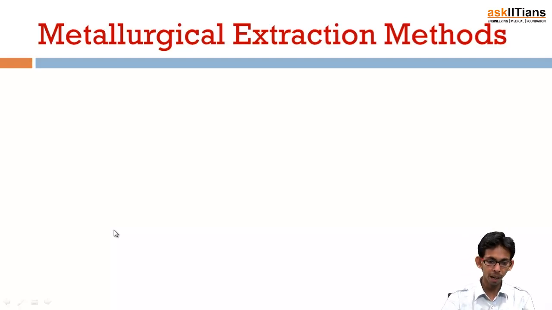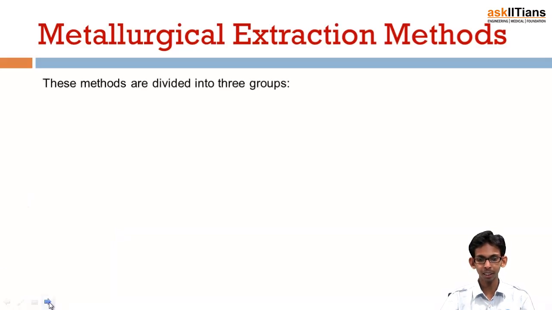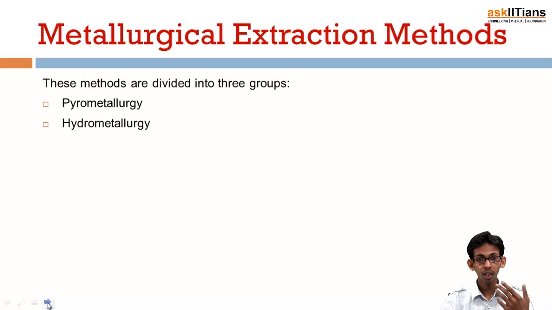Basically we apply three different techniques for extraction of metals, and they can be divided into three groups. First is pyrometallurgy, that means application of heat for extraction of metal. Next is hydrometallurgy, the application of water or solvent for the extraction of metal.